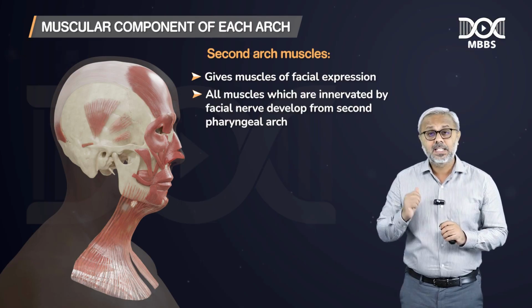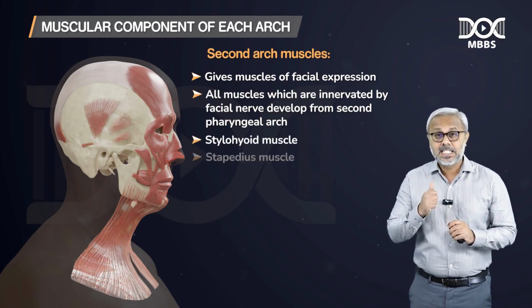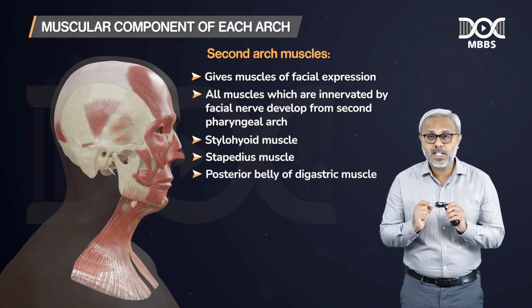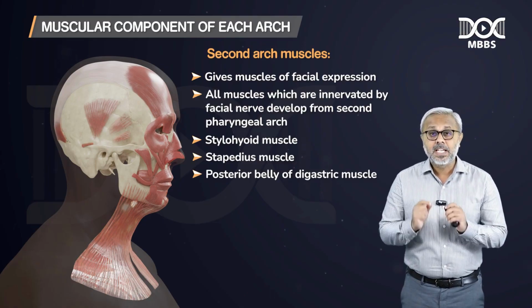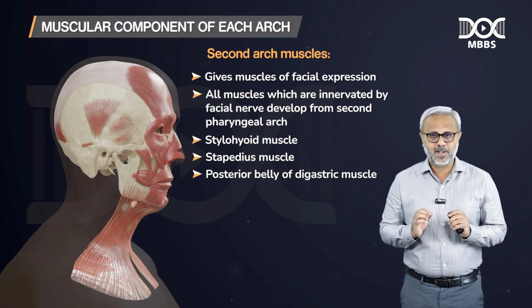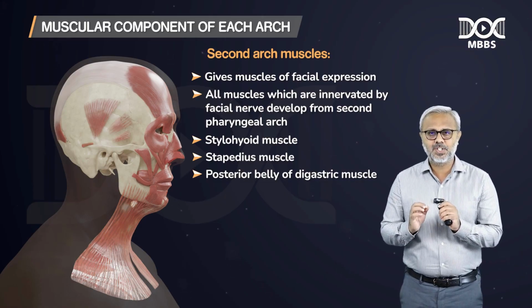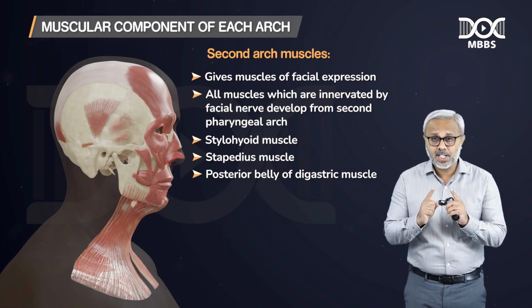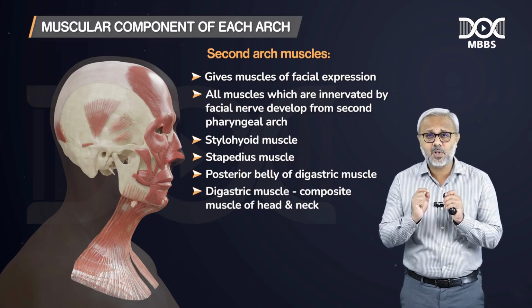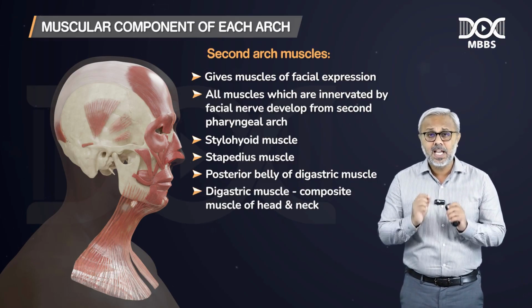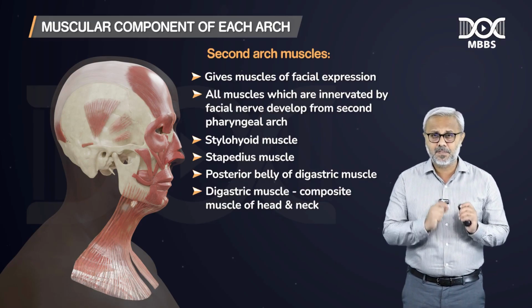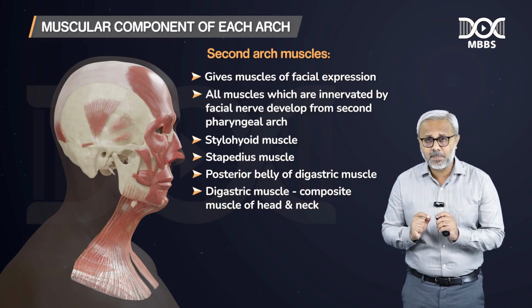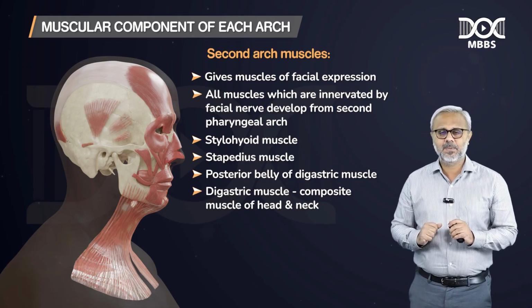Apart from this, the stylohyoid muscle, stapedius muscle, posterior belly of digastric, even these muscles develop from the second pharyngeal arch, right. So, the digastric muscle is an example of a composite muscle in the head and neck region, anterior belly developing from the first arch, posterior belly developing from the second arch.